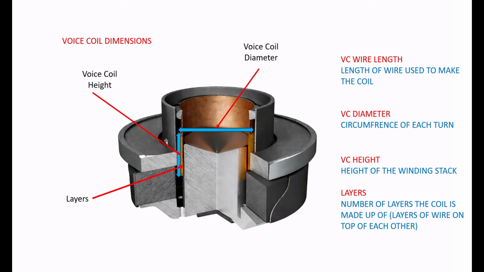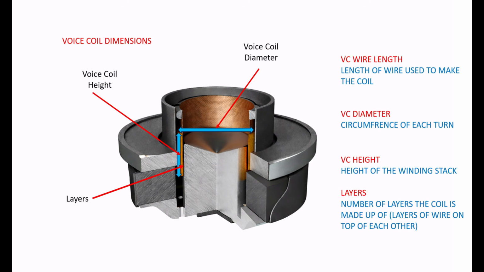Then there's the voice coil height, how high the stack of windings is. And then the number of layers that we've talked about before: is it a single layer, a double layer, quad layer, that type of stuff. These are all parameters, characteristics that describe the voice coil.